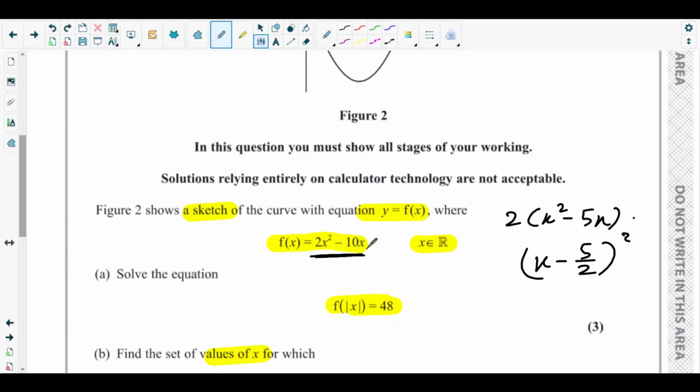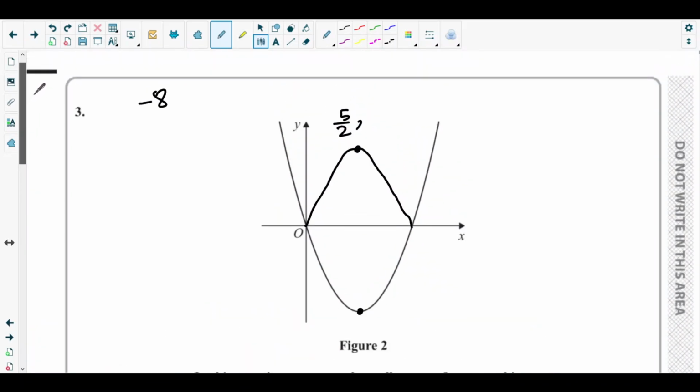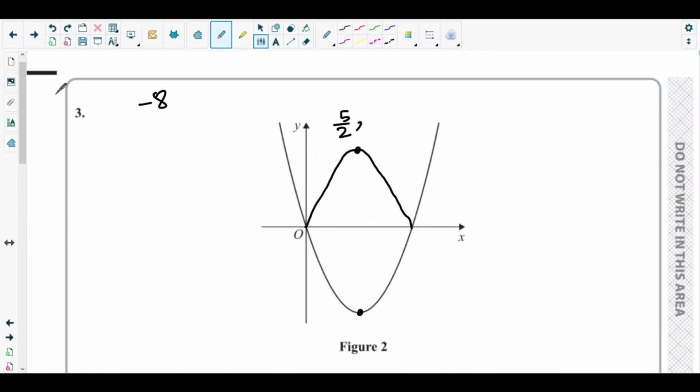Now get the y coordinate by substituting this x value here. So use your calculator. 2 times 2.5 squared, negative 10 times 2.5, that would give you negative 25/2 for this point. But it is now modulus, right? So this negative y value will become positive, so that would give you 25/2. This is the y value for the vertex. Now we need to figure out whether the line 5/2 of x will pass through the vertex or not.